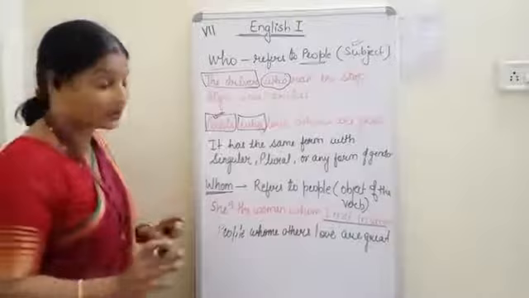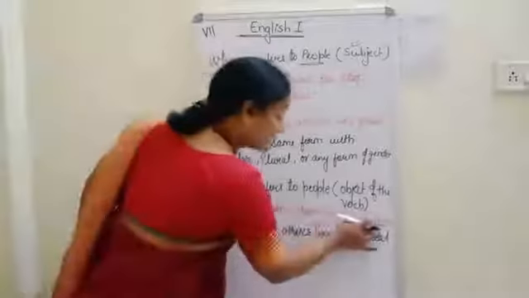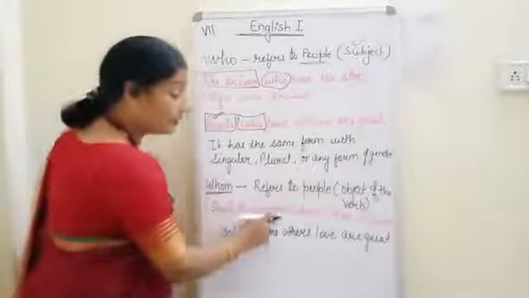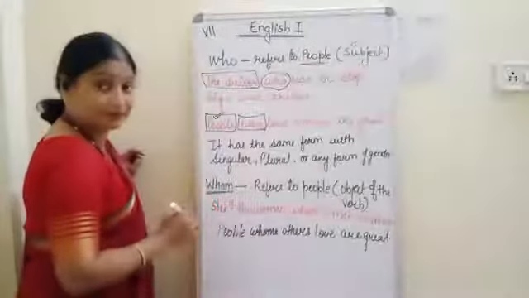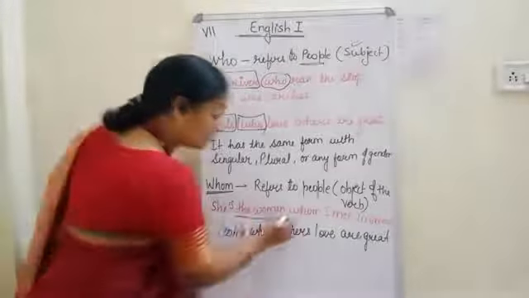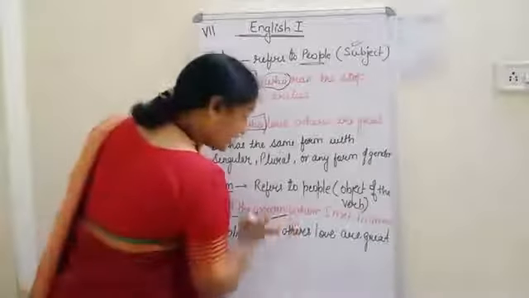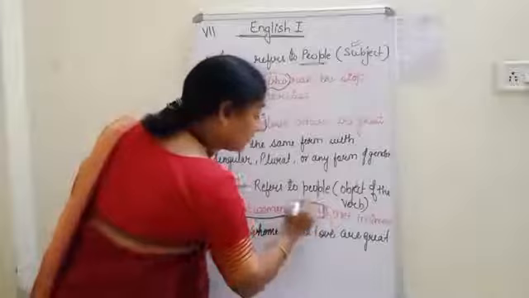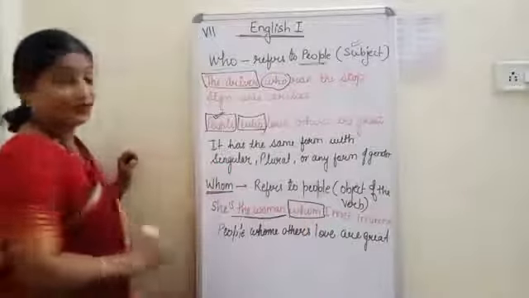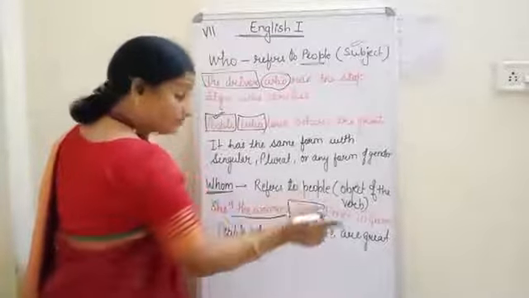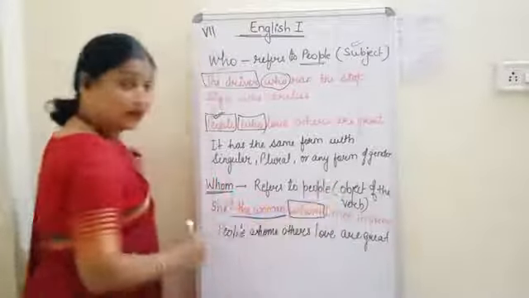But "whom" is representing the woman. So she is the woman whom I met. Here, the woman is your object. So this "whom" will be your relative pronoun, object of the verb.